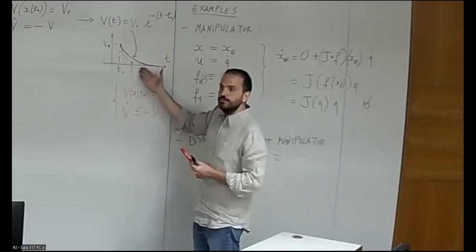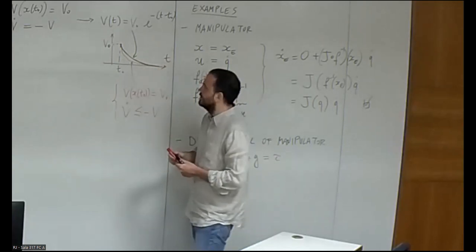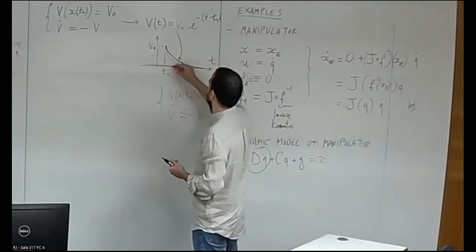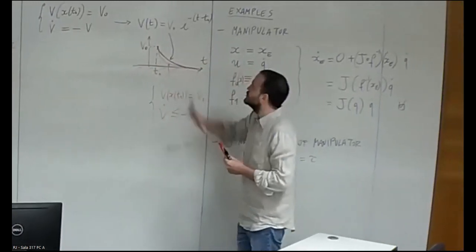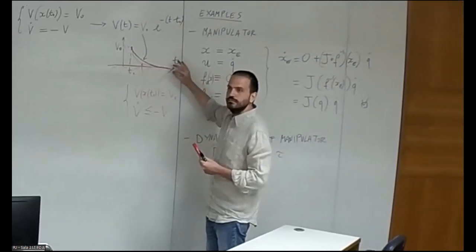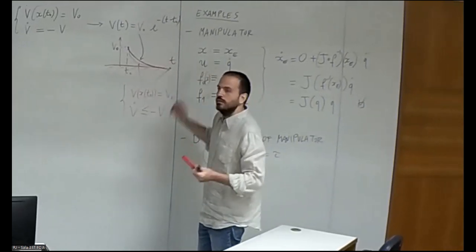And if it is always below, and it's positive definite, so it cannot go below 0, then it's going to go to 0.